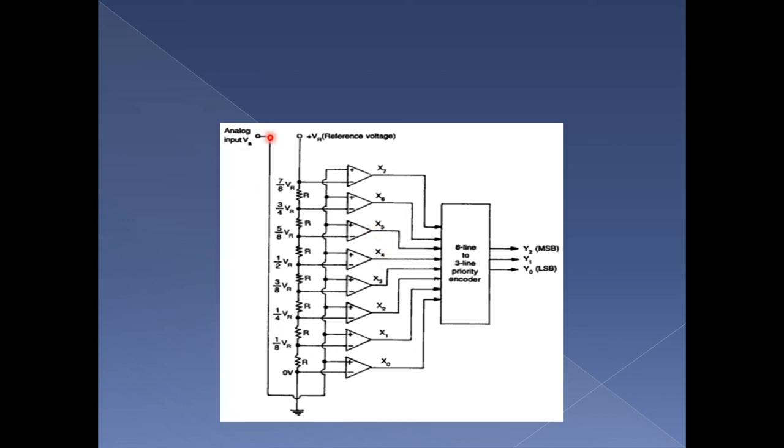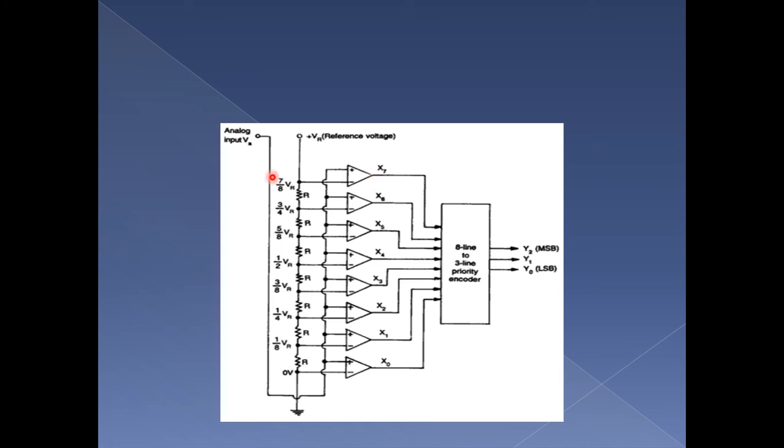It has the analog input VA, and it is connected to all the comparators. We have designed a 3-bit flash type AD converter. It requires a minimum of 7 comparators. Here we have used 8 comparators, and the reference voltage VR is connected through resistors to each comparator, that is, each op-amp.